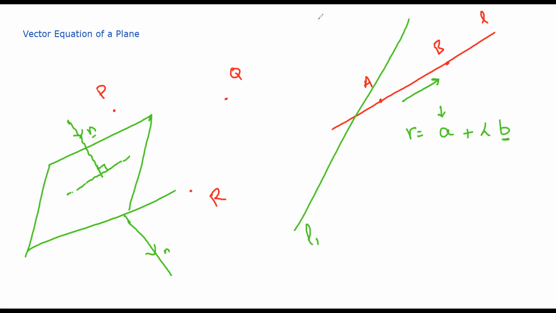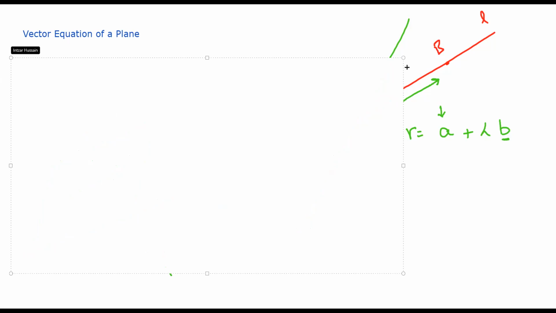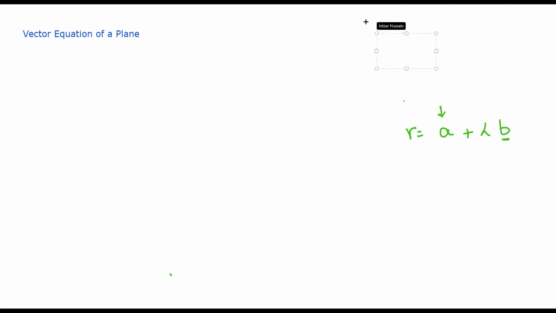Now, how to write the equation of a plane, I'm going to take you there. Let me make some space here. The equation of a plane is basically written in the form, I'll be giving you my method.